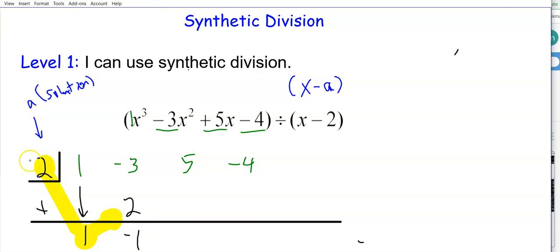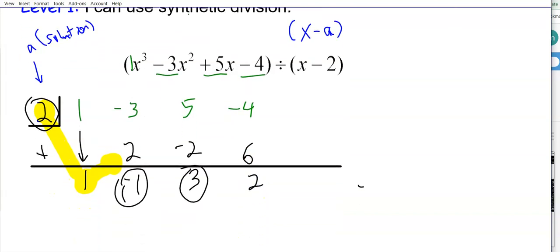Same thing we did before: 2 times -1 is -2. I'll put that in the next column. 5 minus 2 is 3. 2 times 3 is 6. Put that in the next column, add it together, and you get +2. What I usually do here is draw a line to separate the remainder. So that's the remainder, and I'll show what these are in just a second.